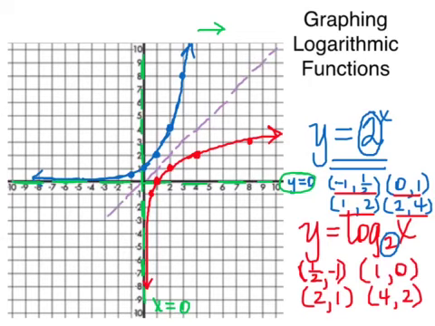This slanted line is called y equals x. And that slanted line is going to be the line of reflection between something and its inverse function. So something and its inverse function will always be a reflection over the y equals x line. And that's not just with logs, that's with anything. Something and its inverse function will always be a reflection of the other.